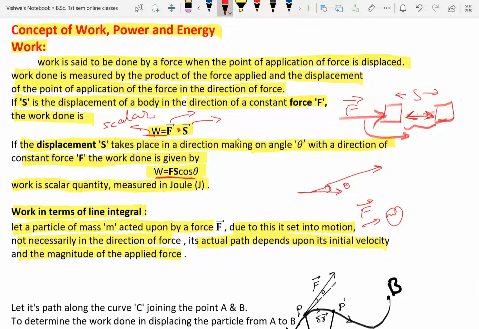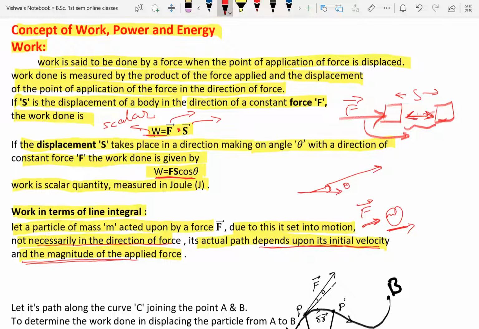The direction of motion is not necessarily in the direction of force, but its actual path depends upon two factors: the initial velocity and the magnitude of the force applied.